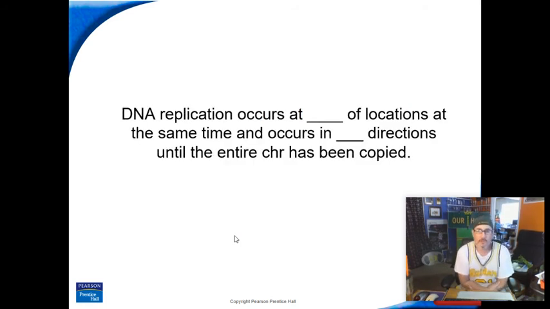DNA replication occurs at how many locations at the same time and in how many directions until the entire chromosome has been copied? You might want to take a look at number 30. Yep, hundreds of locations, both directions, or two directions.